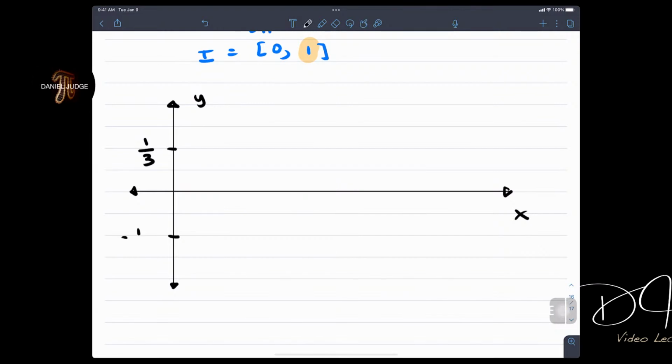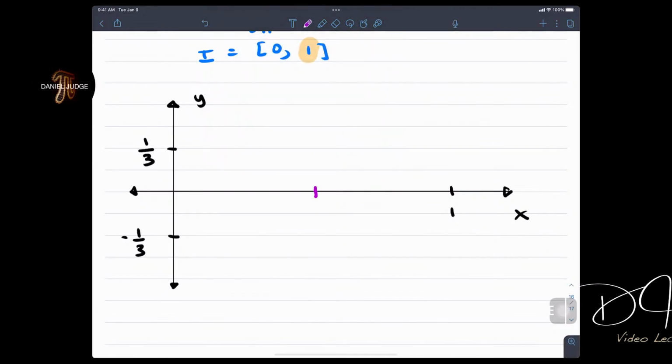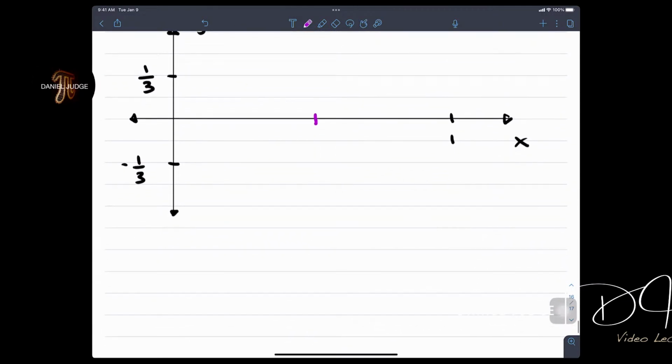Down here you're minus 1/3. You go from 0 to 1. Now remember, we need all those halfway points. So halfway between 0 and 1. Now if you don't know, you say 0 plus 1 divided by 2. That's going to give you 1/2.